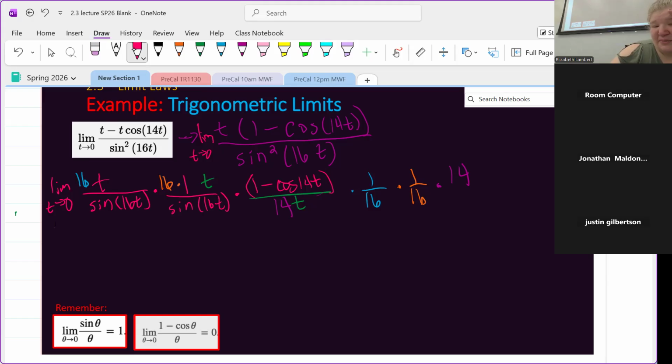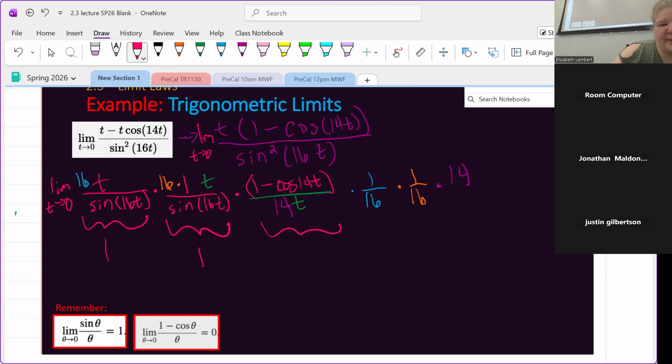And almost. So what does the 16t over sine 16t, what is that going to equal when we do the limit of that? Yep, 1. And then the second 16t over sine 16t, still 1.